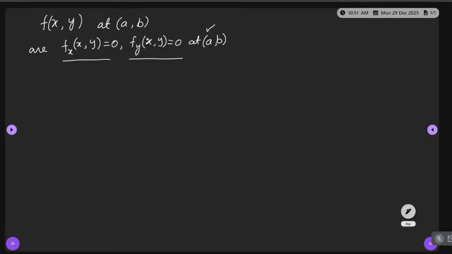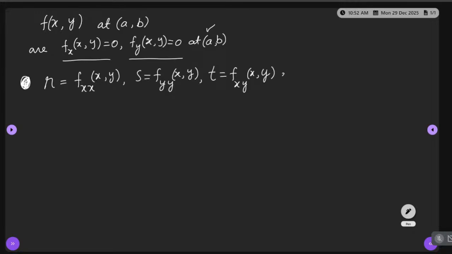After satisfying these two, find r equals fxx of x,y, s equals fyy of x,y, t equals fxy of x,y at (a,b).